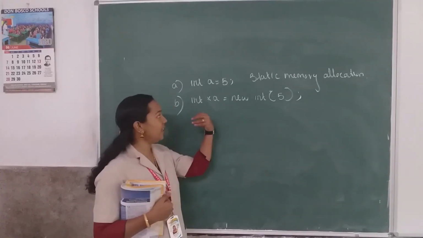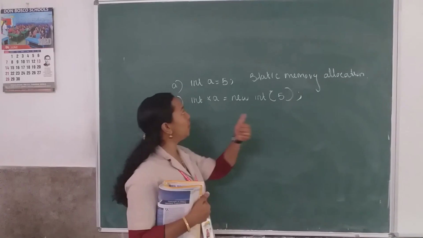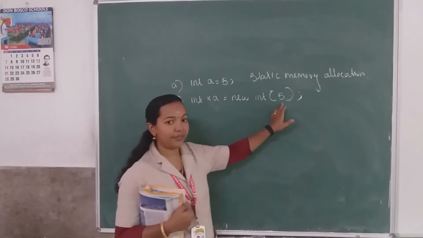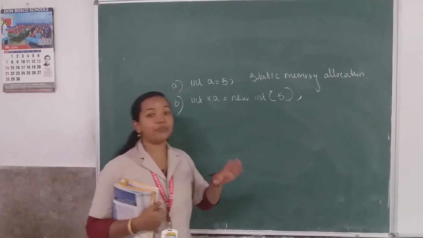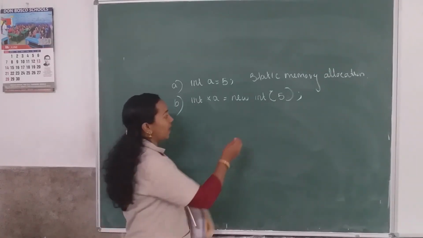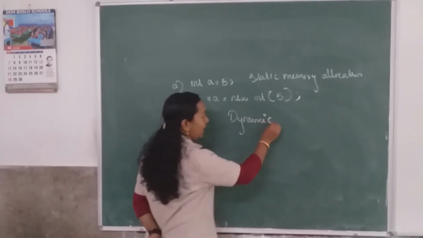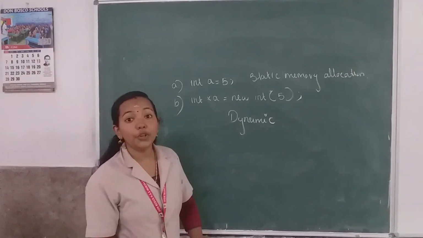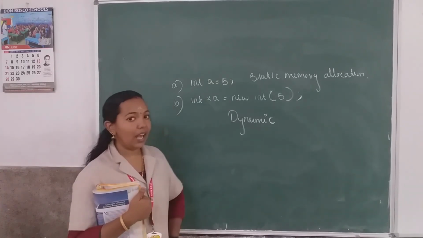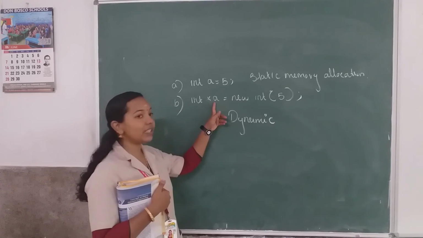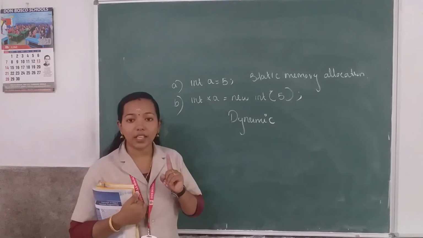Then second one, int star a is equal to new int of 5. Here also we are initializing variable a with value 5 in a different manner. This kind of memory allocation is known as dynamic memory allocation, because new is a dynamic memory allocation operator. With the help of the new operator, memory is allocated during the execution time.